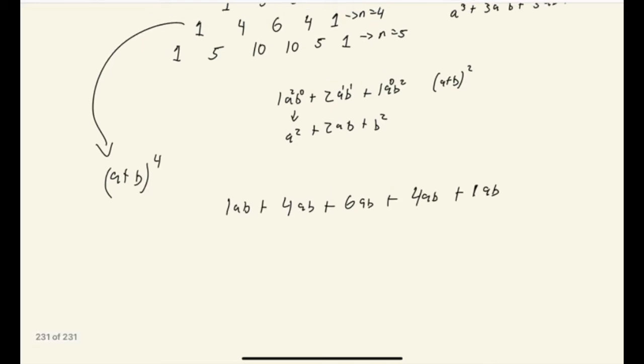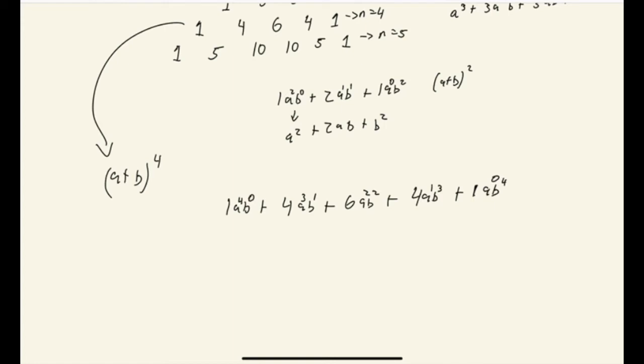Always. And again, A will start with the N, which is equal to 4 in this case because we want to find the 4th power. And it's going to end in 0. So 4, 3, 2, 1, 0. It's like counting 0, 1, 2, 3, 4. Always. B is going to do the opposite. So it's going to start with 0 and end with 4. So 0, 1, 2, 3.